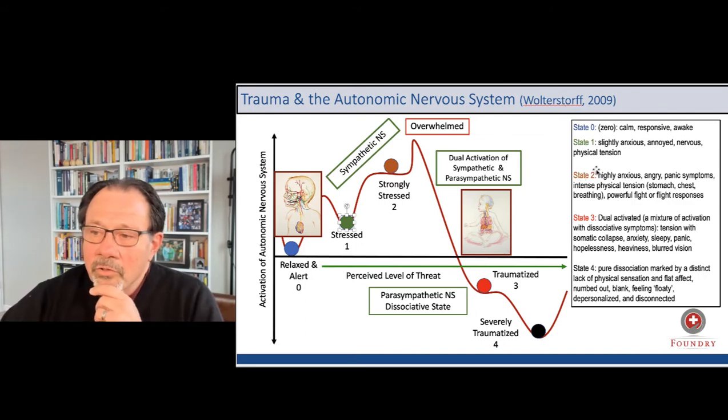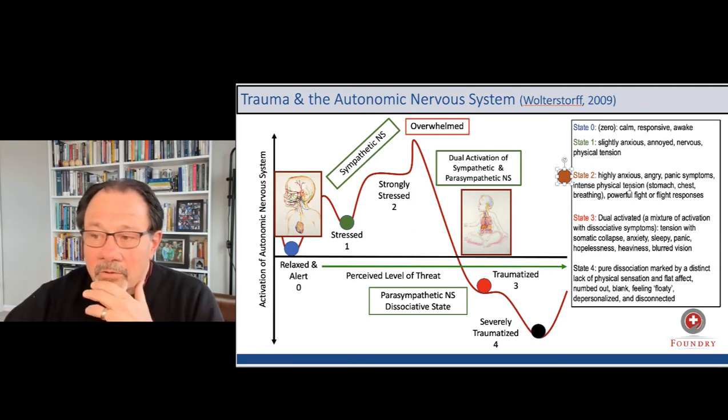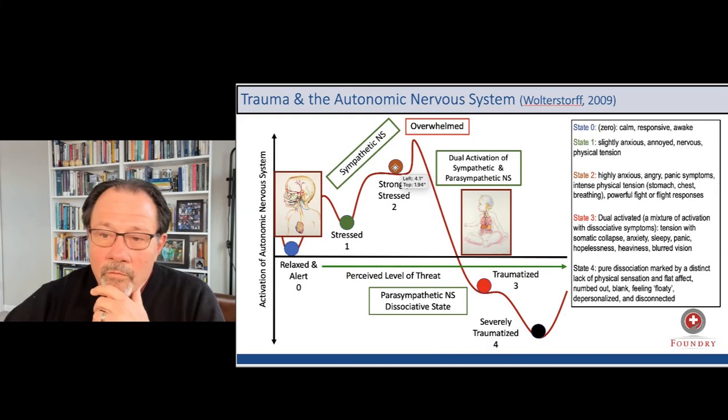look at state 2. Highly anxious, angry, fearful, panicky, intense physical tension in the stomach, neck, and breathing, chest. Powerful fight-flight response, wishing the situation were over.